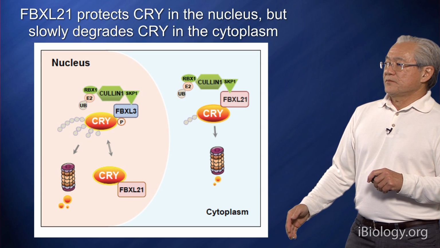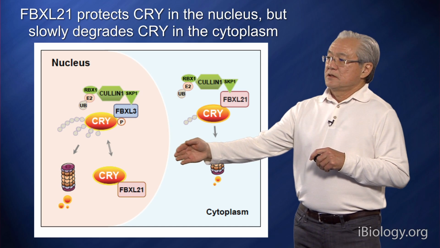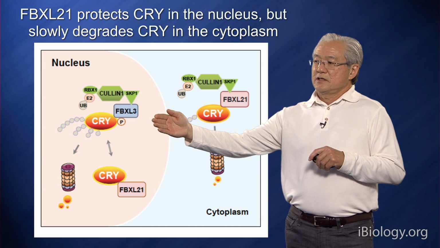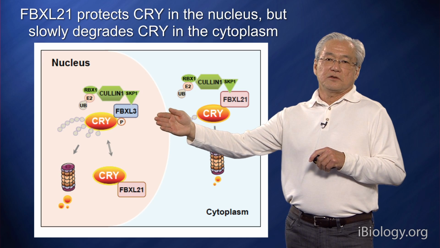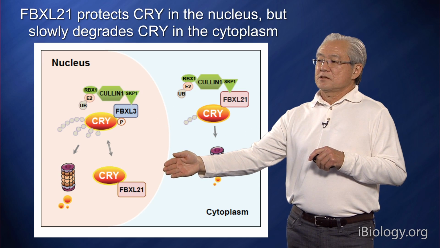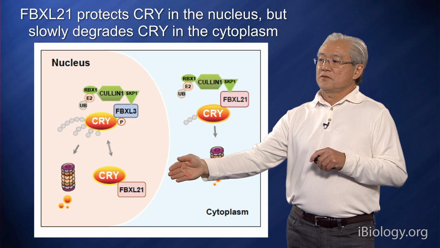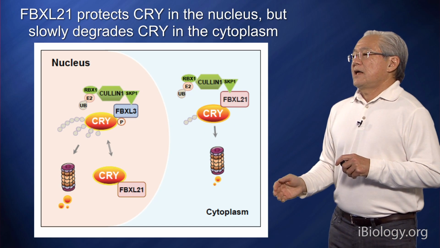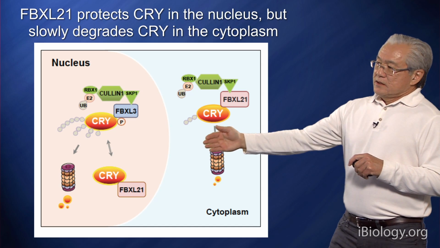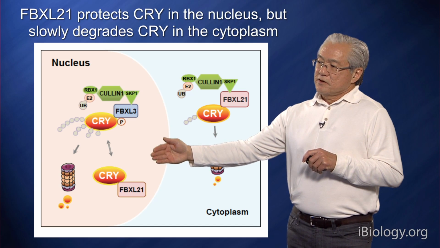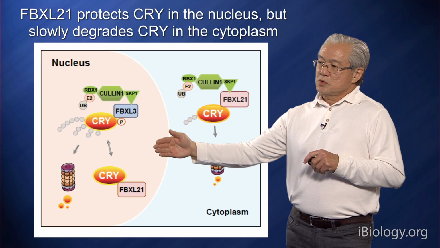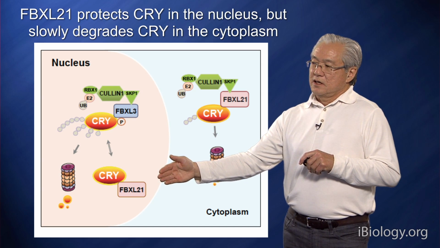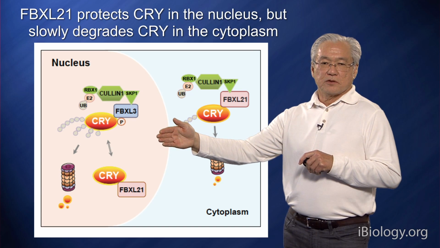and that was that we found, to our surprise, that FBXL3 is really only found in the nucleus, but FBXL21 is found in both the nucleus and in the cytoplasm. And that in the nucleus, there's a very fine balance between FBXL3 and 21 interaction for the cryptochrome protein.